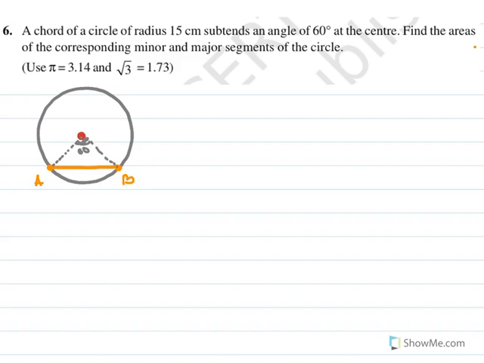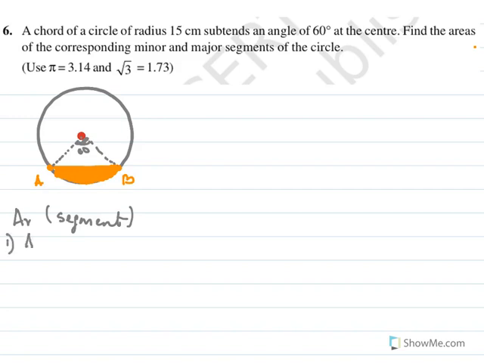First we have to find the area of the minor segment. Now the minor segment is this area, and we know how to find area of segment. We just have two steps.